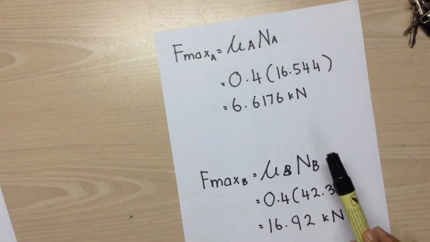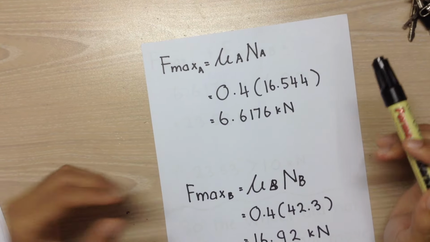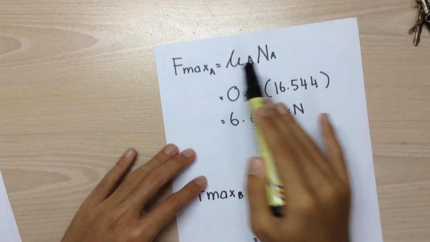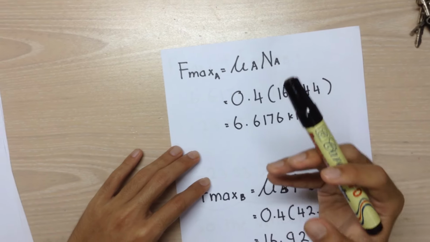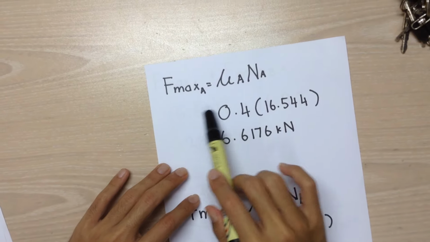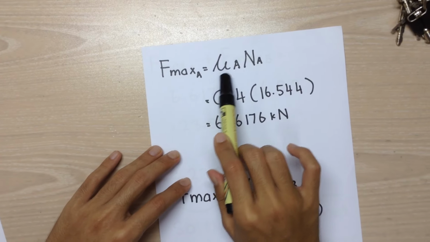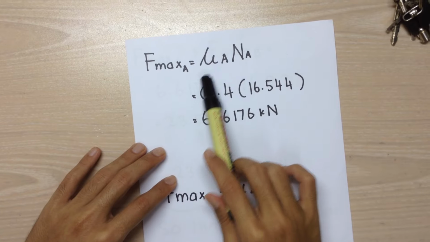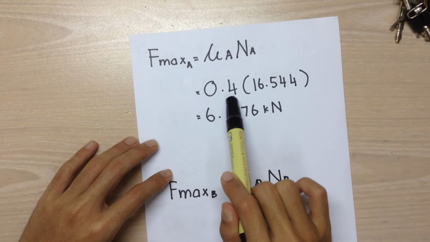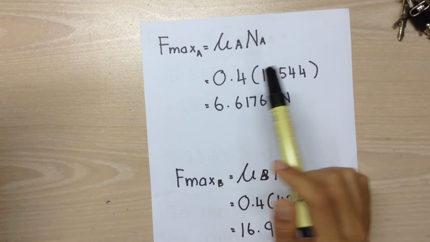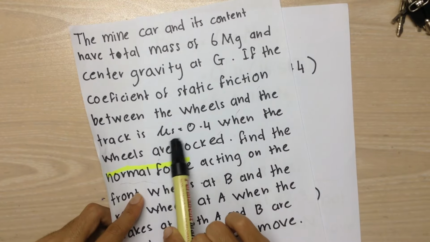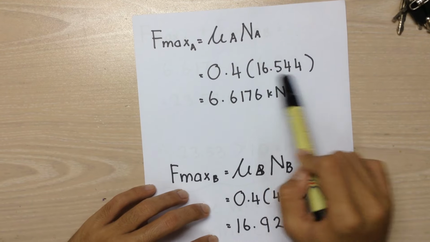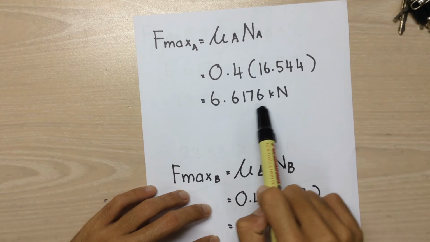The next step, for the friction, we must use the formula F max to get the true friction. So the F max at A, we use the formula μ times normal force. So μ is 0.4, which is from the question, it states that μ static equals 0.4. Times the normal force at A, we got 6.6176 kN.